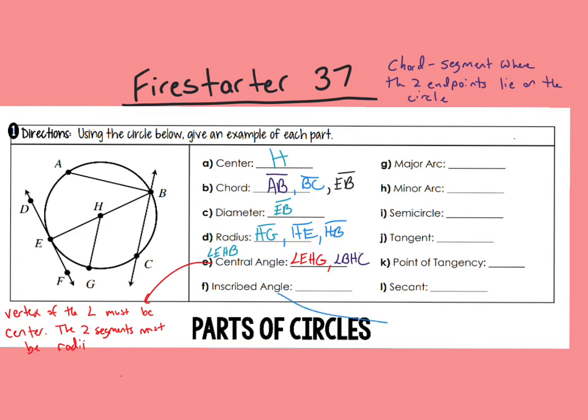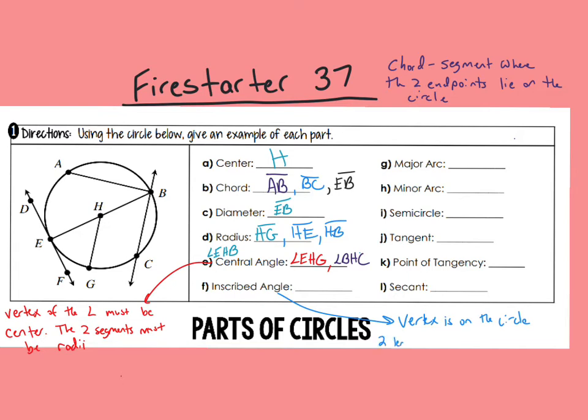Now we're on to inscribed angle. So an inscribed angle is an angle where the vertex is on the circle. So B, A, E, G, or C are all points on the circle.